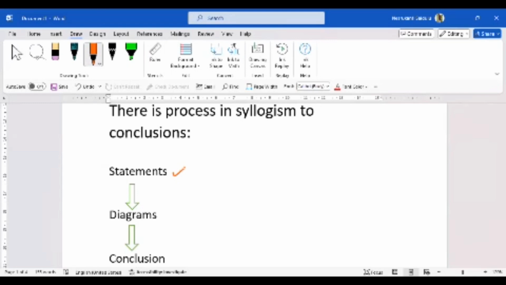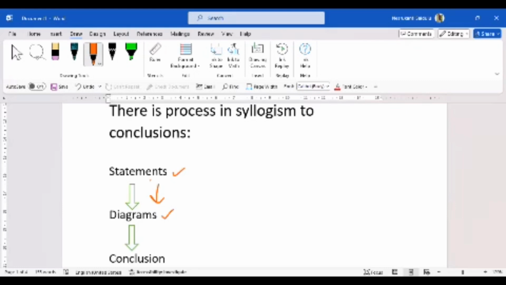Whatever is given in the question is the statement, and from that statement you can draw the diagrams. Follow whatever is given in the statements in the question, and draw the diagram.